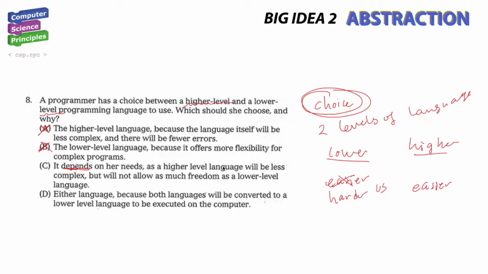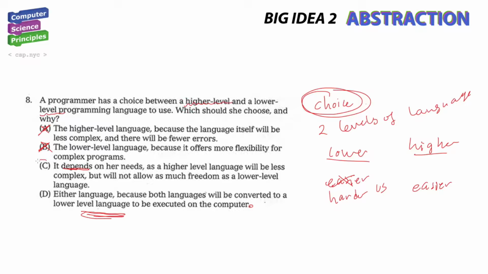Maybe this isn't true, and maybe, we don't really know the purpose of what she's using it for, if it's code on a website, if it's code on an application on a computer or on a cell phone. We don't really know exactly how it's going to be used, but saying either means that it doesn't really matter. But sometimes it does matter, and it does depend on the purpose.